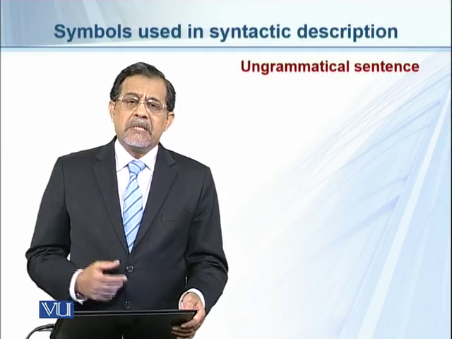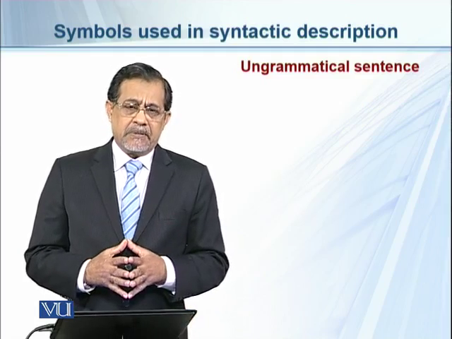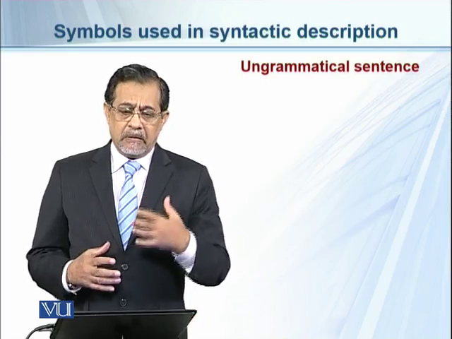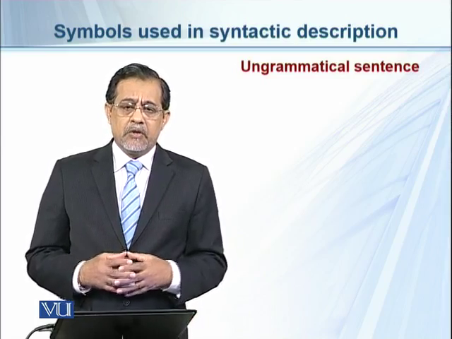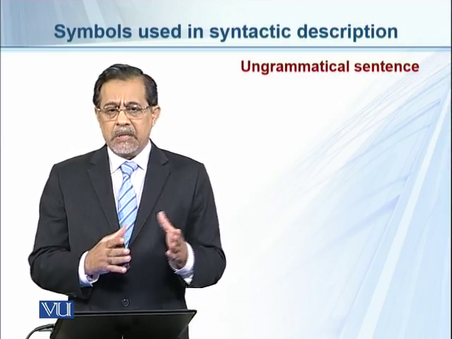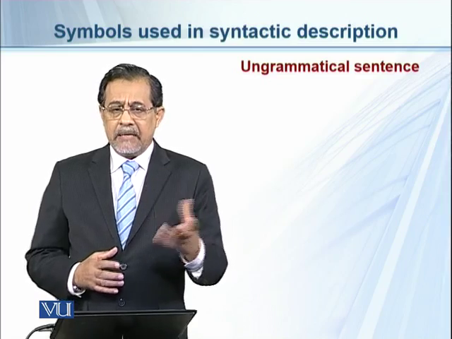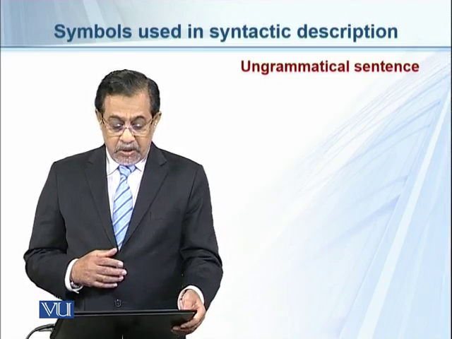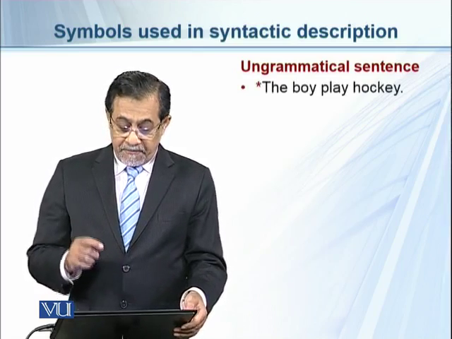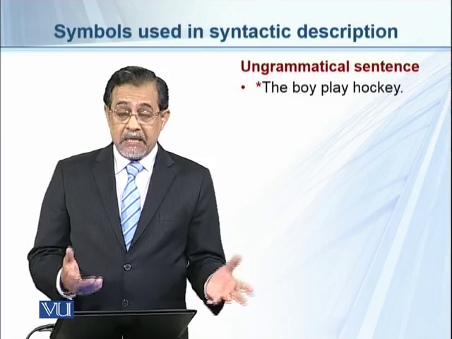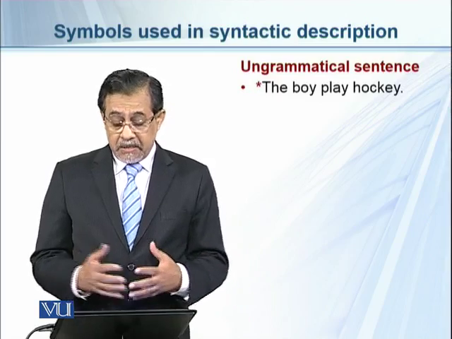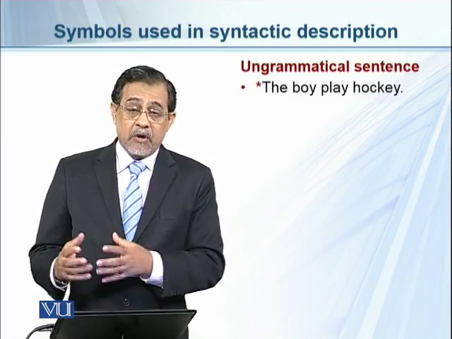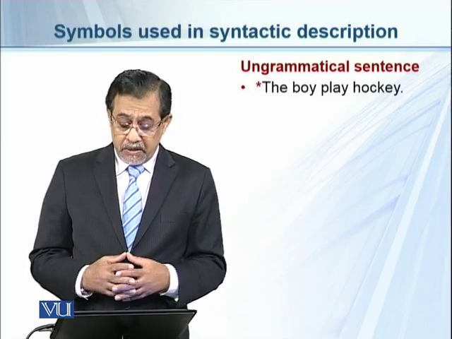When we are dealing with some ungrammatical element, sometimes we have to give examples to make clear a point. So we use a sentence which is ungrammatical. In that case, we have "the boy play hockey." Obviously, this is an incorrect sentence because there is no S of third person singular with the verb.